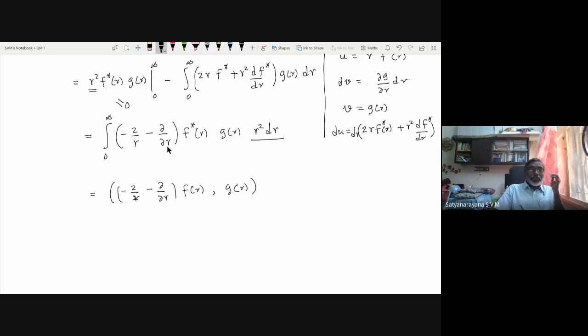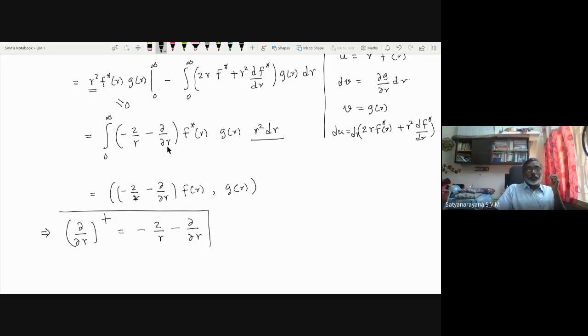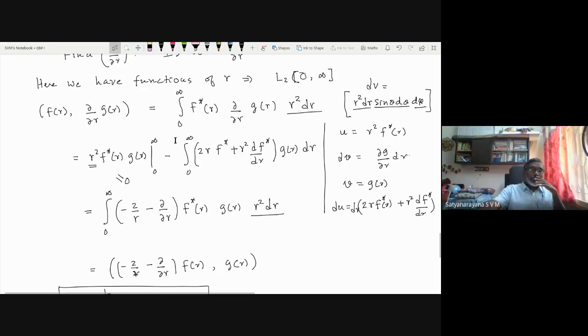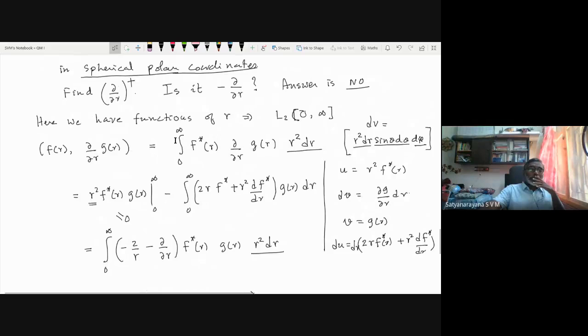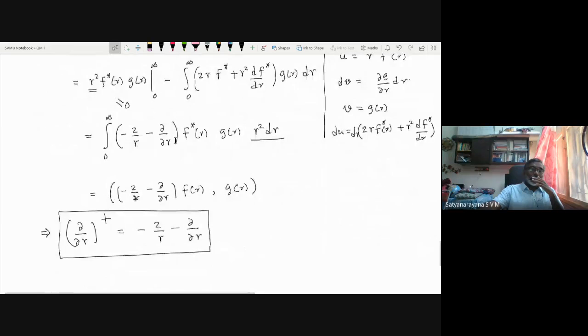So what does that mean? That means dou by dou r dagger is equal to minus 2 by r minus dou by dou r. It's not simply minus dou by dou r. One has to be careful that, depending on what we are considering, we have to choose this dagger accordingly.